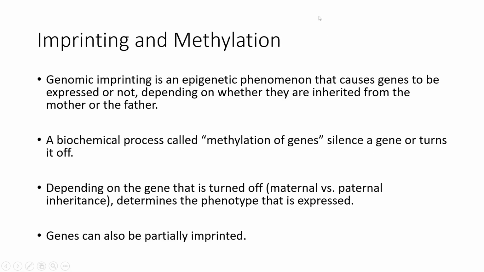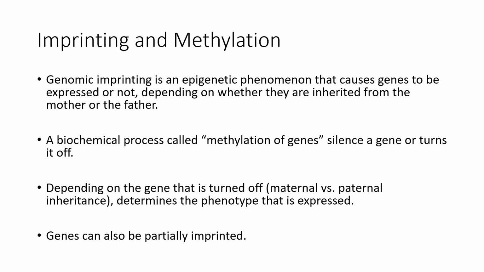We move forward. Imprinting and methylation. Genomic imprinting is an epigenetic phenomenon that causes genes to be expressed or not, depending on whether they are inherited from the father or the mother. Methylation turns off a gene.